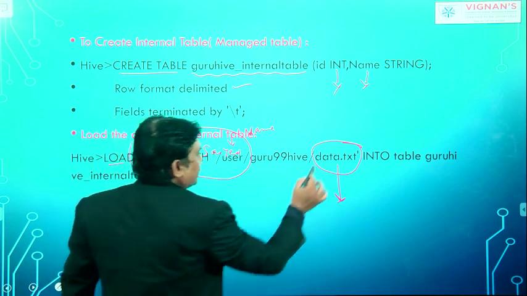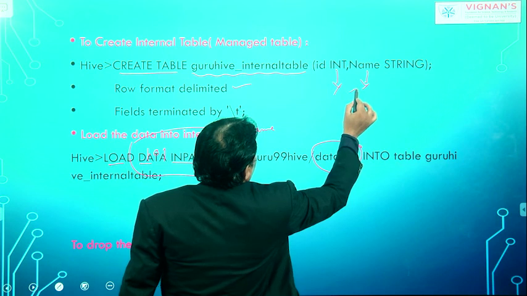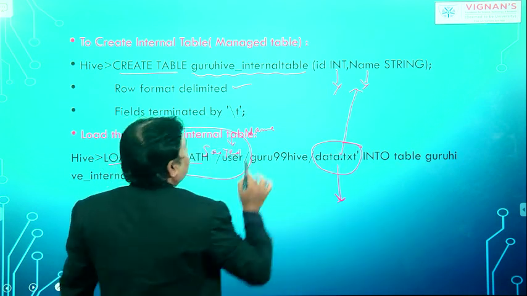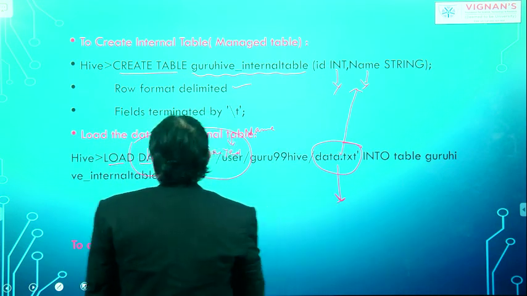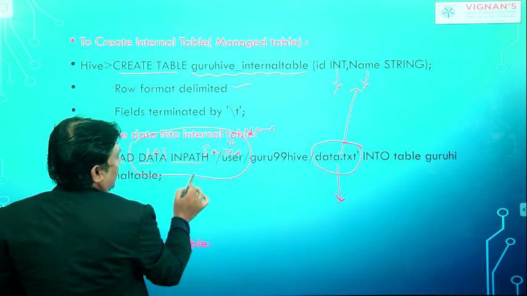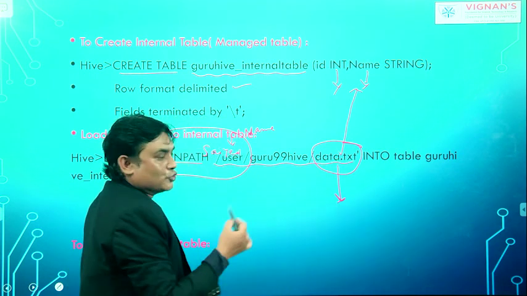We are going to load this data into the table which you created. So you give the command load data inpath and the location. You are giving the location into which table?